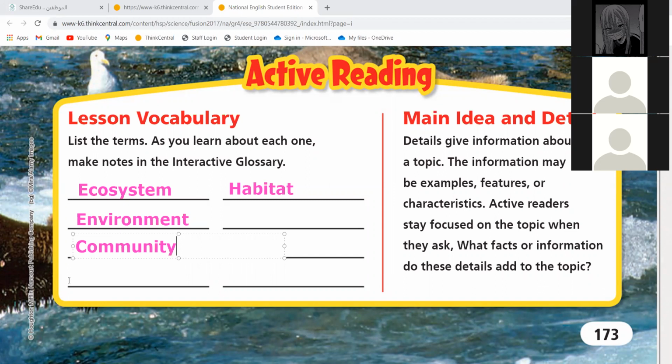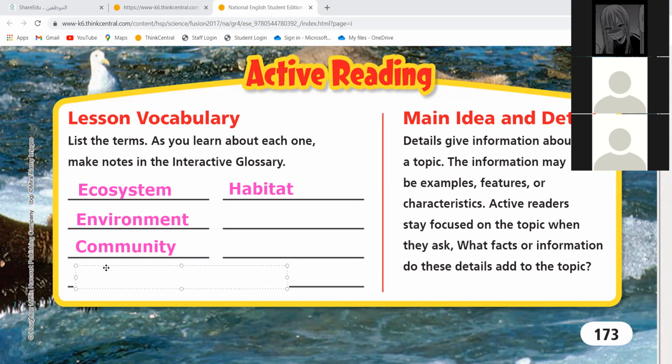Community is made up of organisms that live in the same place. Okay. Community is what again? Explain to me, Lara. What do you understand? What is community? Community is bigger than population. Excellent, excellent.